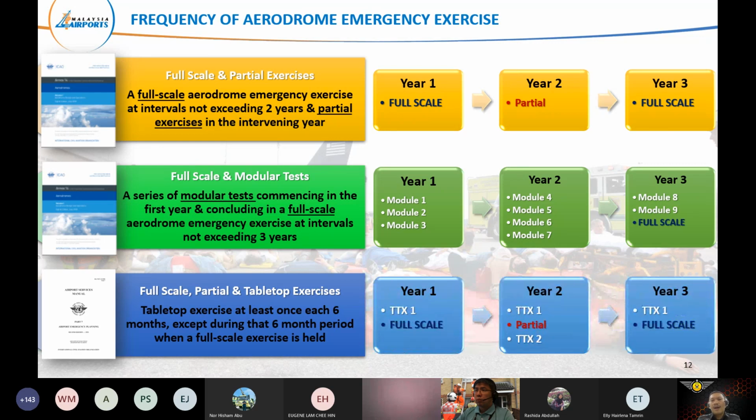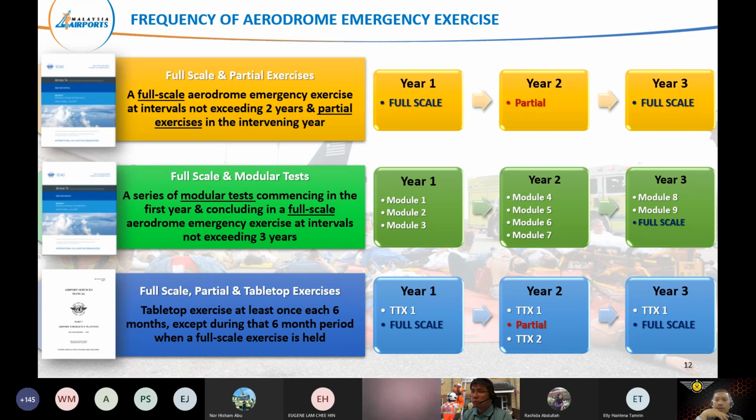So this is an example of how we plan the emergency exercise: year 1, TTX 1, and full-scale exercise. Because we relate to the statement in ASM Part 7 that in the year we are conducting full-scale exercise, we just need to conduct at least 1 tabletop exercise during that year.